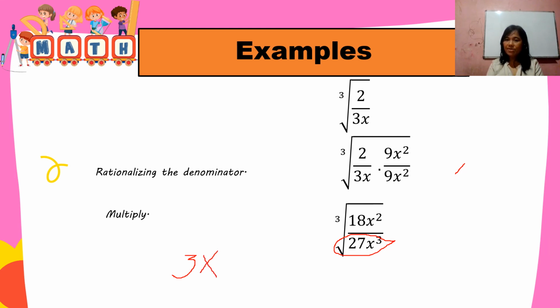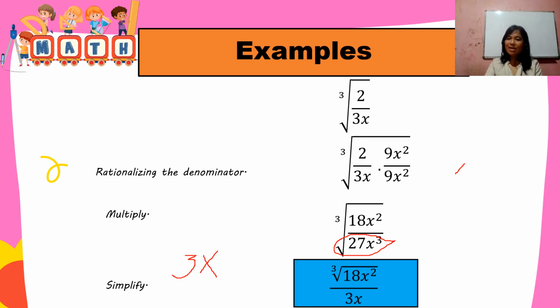And then you divide. 3 divided by 3 is 1. So, yung magiging denominator mo will be 3x. Okay? So, yung pinaka-simplified form mo ngayon is cube root of 18x squared over 3x. Yon, ganun ang pag-rationalize kapag cube root siya. Okay?